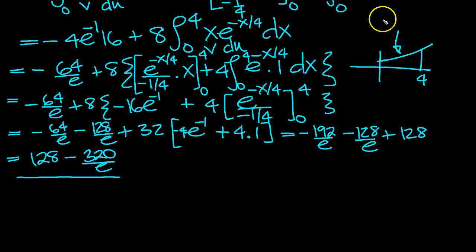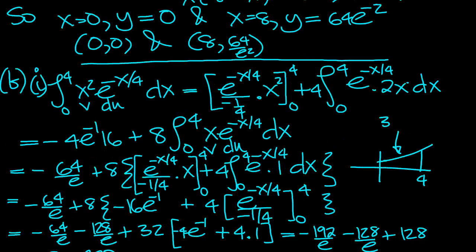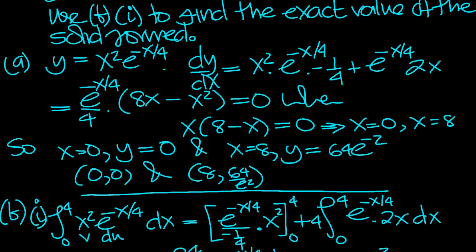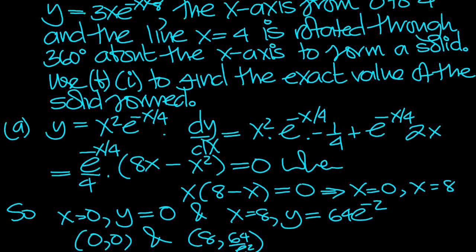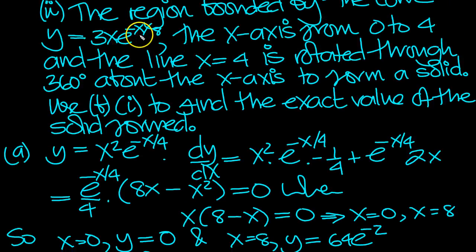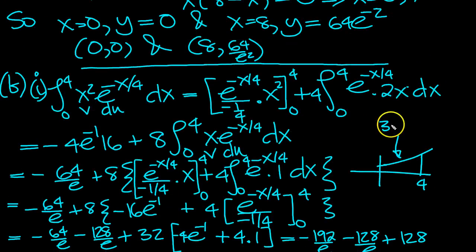This height is 3x. Yeah, 3x. B part 2. Here it is, 3x e to the minus x over 8.